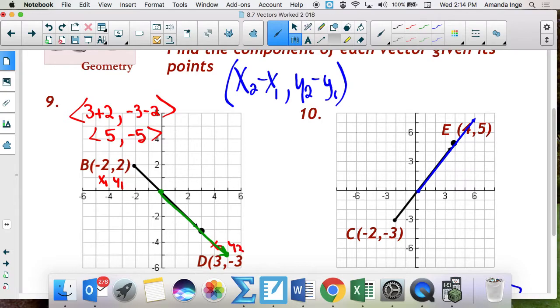Alright, so let's find the magnitude. The magnitude would be the square root of 5 squared plus negative 5 squared, which would be the square root of 50.